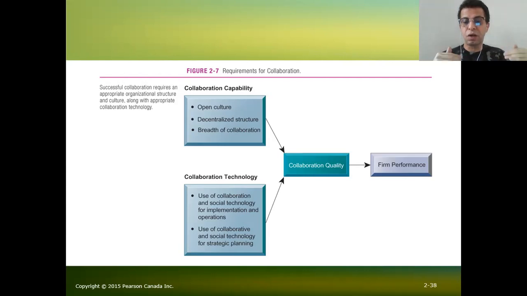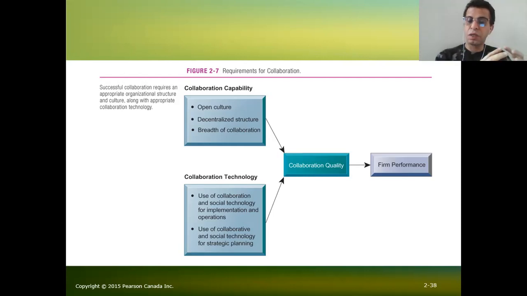In the technology, you use collaboration and social technology for implementation and operation, and for strategic planning. If you can maximize these two, you will end up with collaboration quality and firm performance.